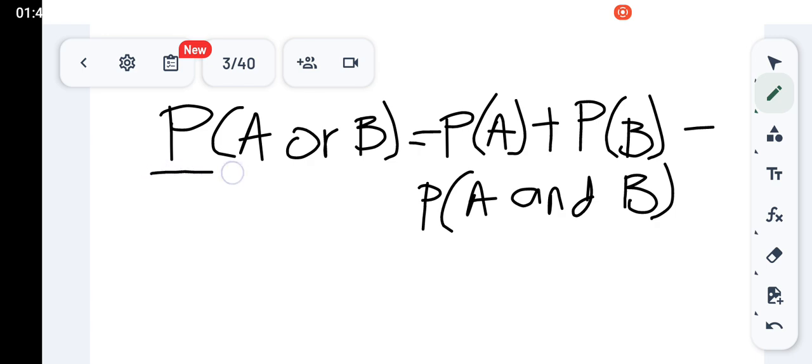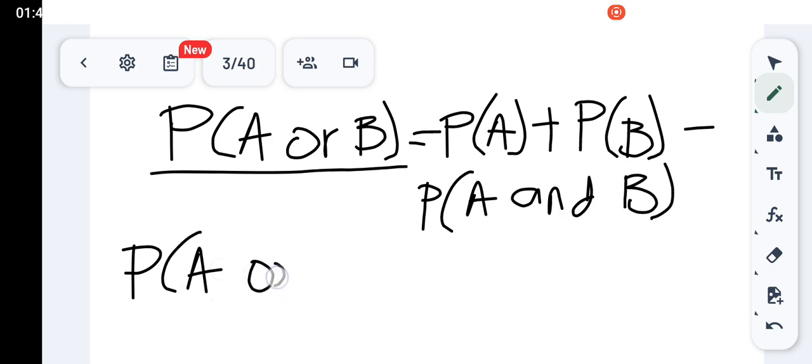We are looking for probability of A or B. Think about it. Probability of A or B simply means the probability that it is happening in A or B. It could be A or B.